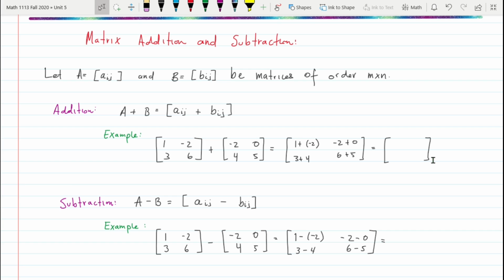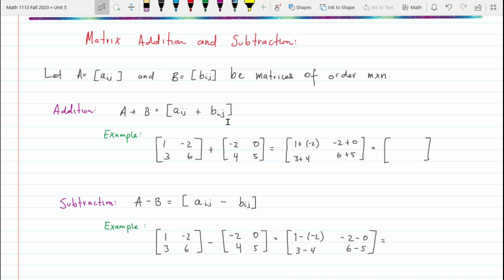So here, you want to have a matrix A and a matrix B, and they're going to be of order m by n, meaning that they both have to be of the same order. And addition just goes as follows. Matrix A plus matrix B is the same thing as adding the corresponding elements from each matrix.